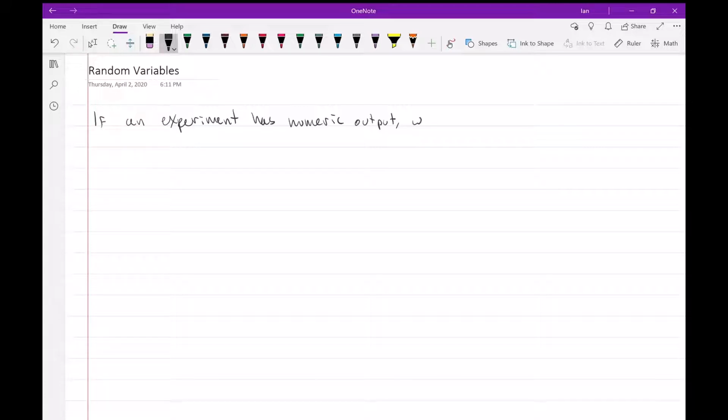So we can assign the output a variable name. And just by convention, this will always be capital. So, for example, capital X, capital Y, capital Z. So a capital by convention.